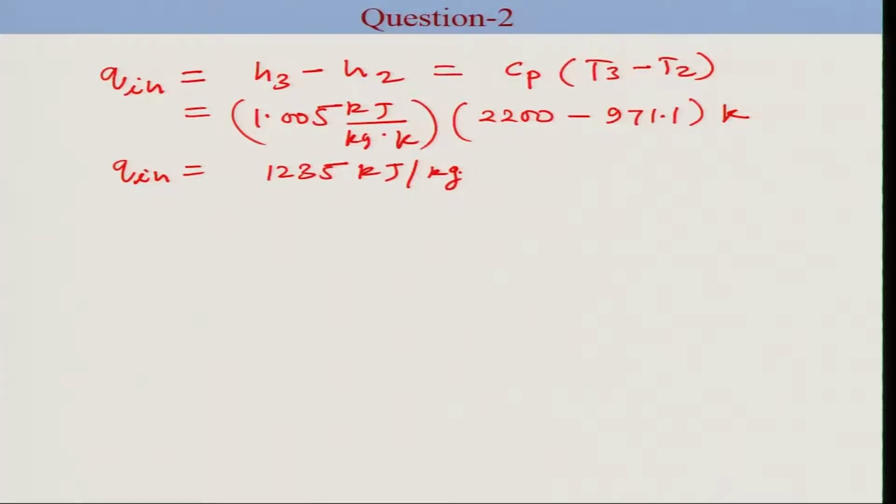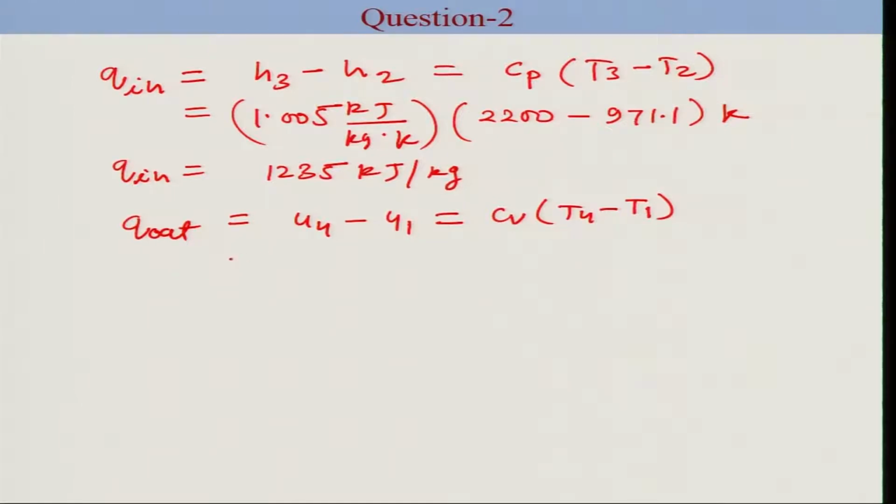Okay. Now, heat is rejected at constant volume. So Q out equal to u4 minus u1, since heat is being rejected from the process 4 to 1. Okay. So Q out will be u4 minus u1, which will be equal to Cv times (T4 minus T1).